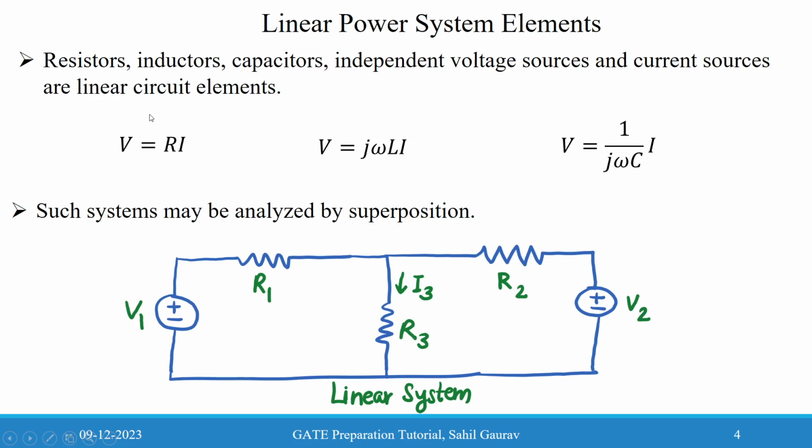So these are the voltage and current equations for resistors, inductors, and capacitors, and these are linear circuit elements. Apart from these, independent voltage sources and current sources are also linear circuit elements.